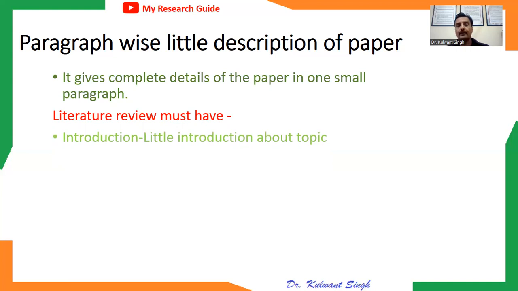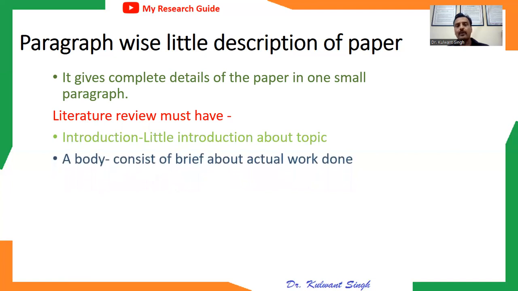First of all, the introduction, meaning a little description about the topic of that paper. What is the topic of the research paper you have in your hand? Second, the body, meaning a brief account of the actual work done in that paper.